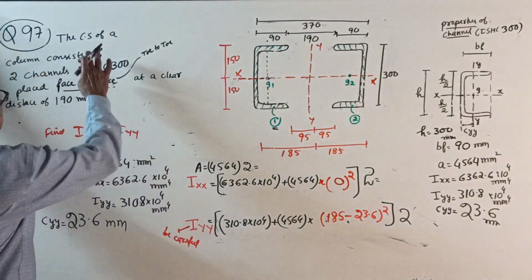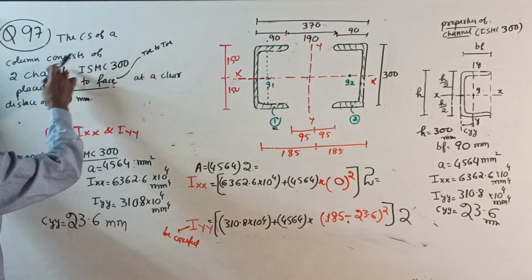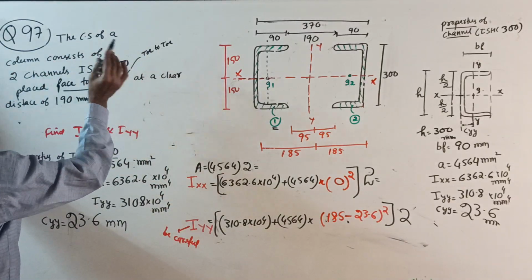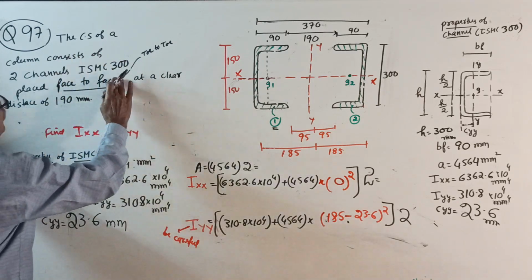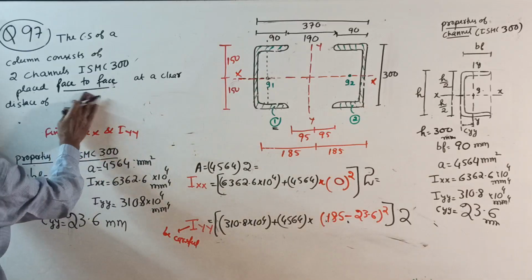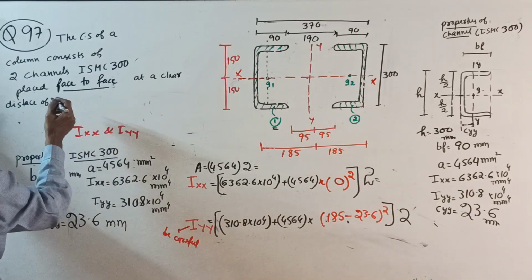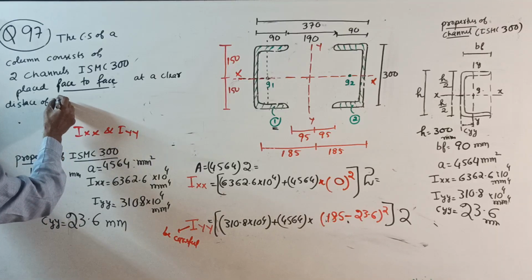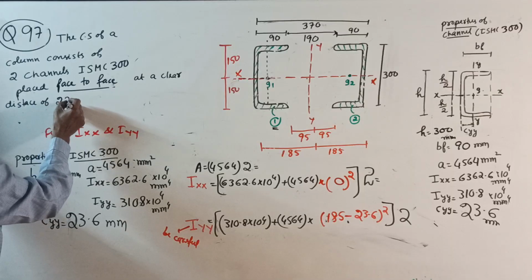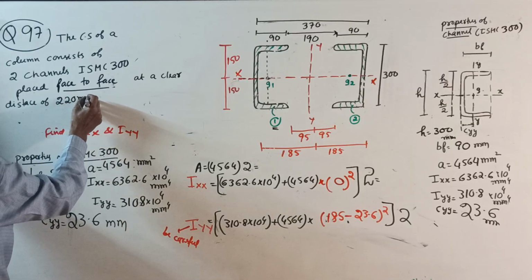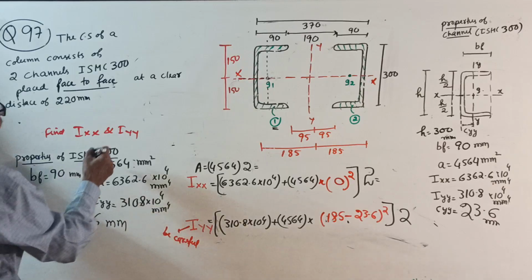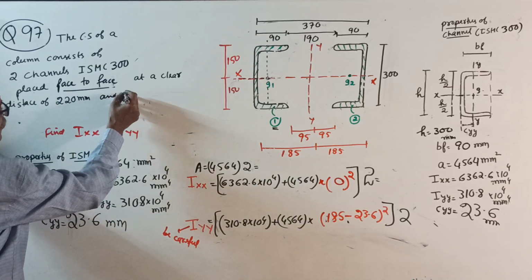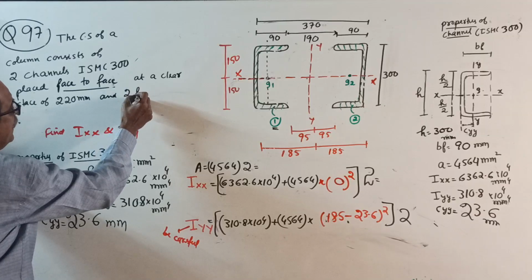The cross section of a column consists of 2 channels, ISMC 300, placed face to face at a clear distance of, not 190, I will change it, 90 plus 90 is 180, a clear distance of 220 millimeter. I will tell the reason why. 220 millimeter and 2 flange plates.